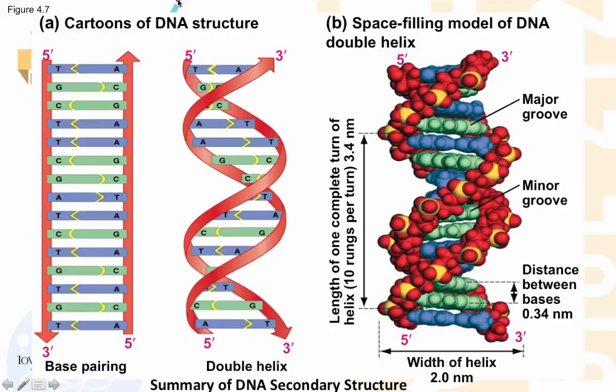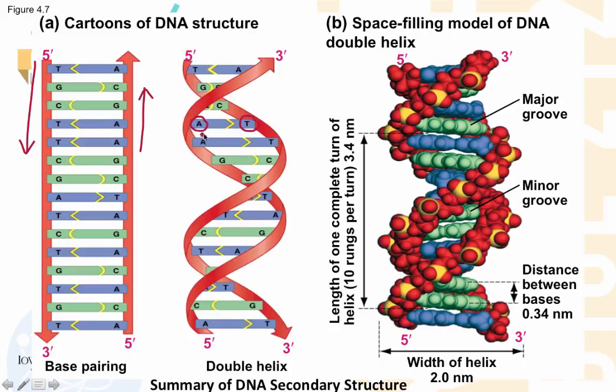So to summarize the secondary structure of DNA, it consists of two anti-parallel strands that wind and twist around each other to form the double helix. The sugar phosphate backbone is exposed to the outside and the nitrogenous bases face the interior of this double helix. Purines always base pair with pyrimidines.